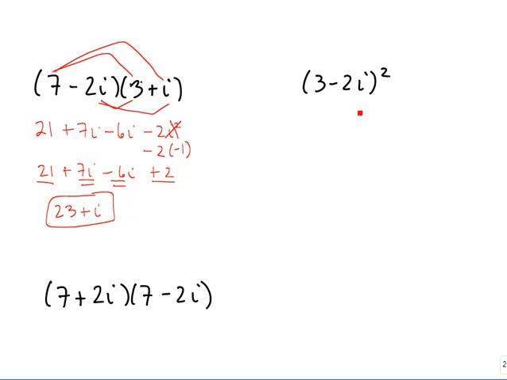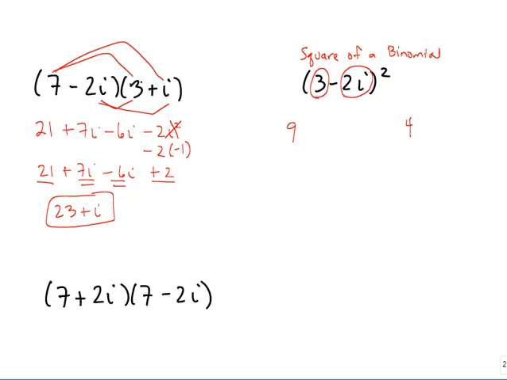In the next example, you can do FOIL as well. If you prefer to write 3 minus 2i times 3 minus 2i and use FOIL, you certainly can. I'm going to use the pattern that is the square of a binomial. And what that pattern says we can do is when you square a binomial, you're going to square the first term. 3 squared is 9. We're going to square the second term. Now when we square 2i, we want to make sure we square the 2 and the i.